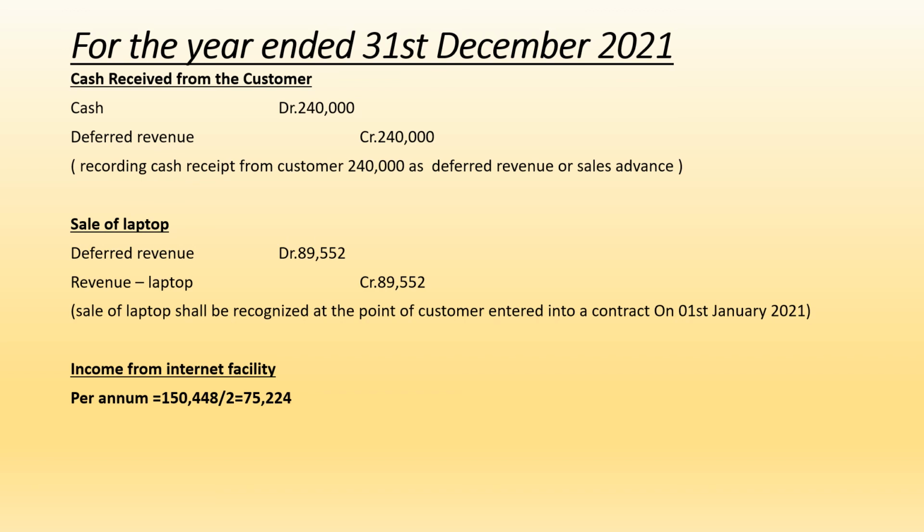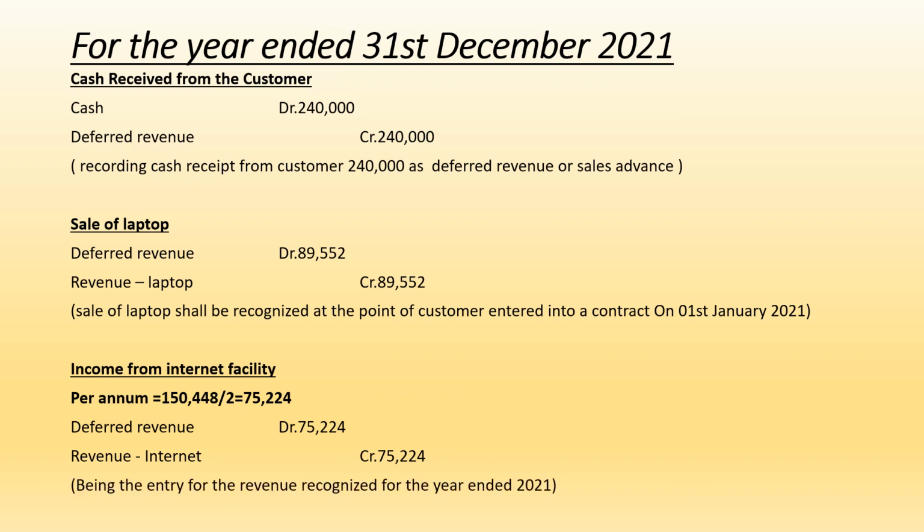Therefore, per annum, we are getting 75,224 as the revenue from the internet facility. So, this amount should be debited to the deferred revenue and credited to the revenue from internet facility.